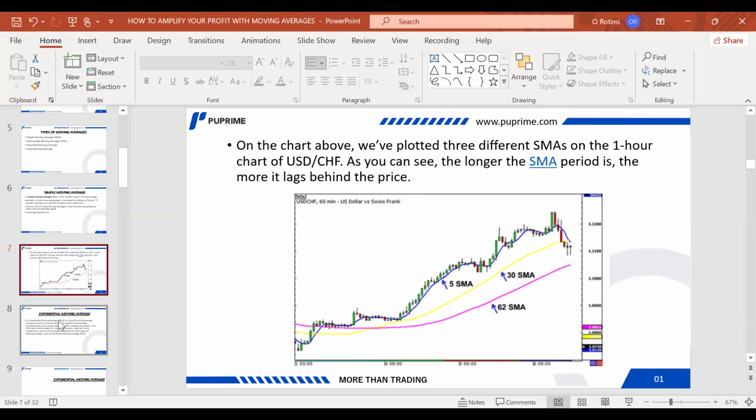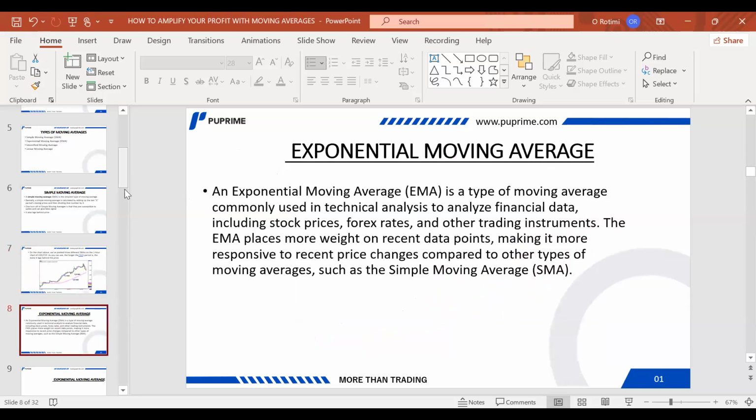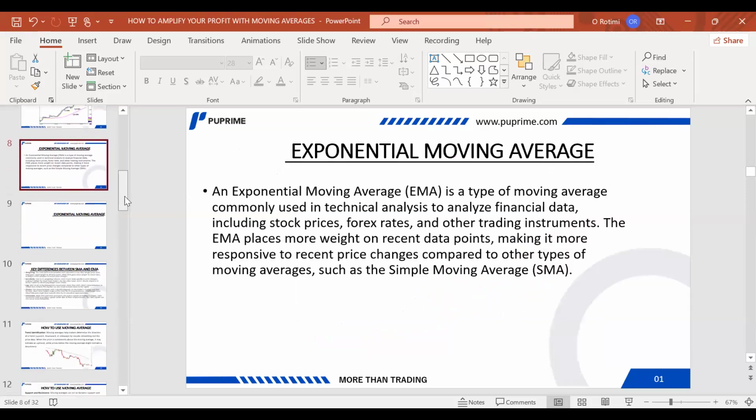Then we have the exponential moving average. The exponential moving average is a type of moving average commonly used in technical analysis to analyze financial data, including stock prices, forex rates, and other trading instruments.